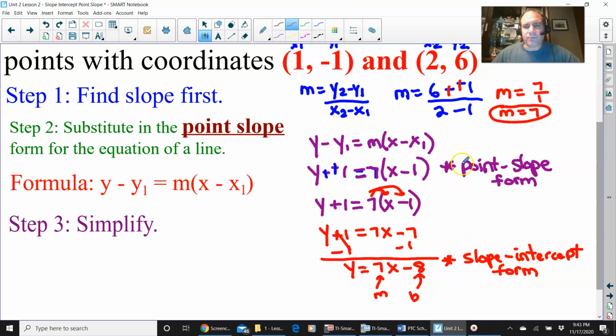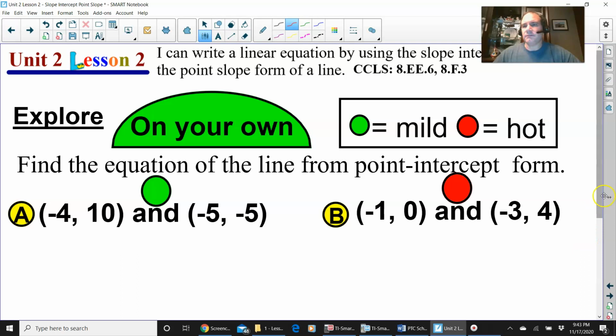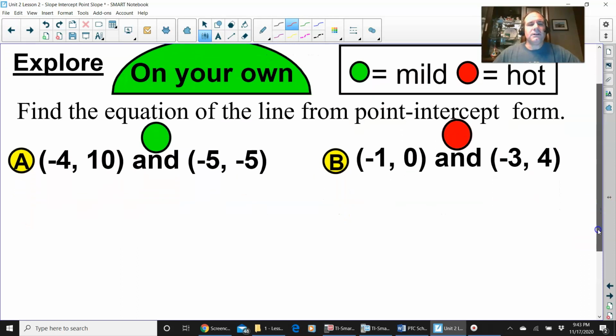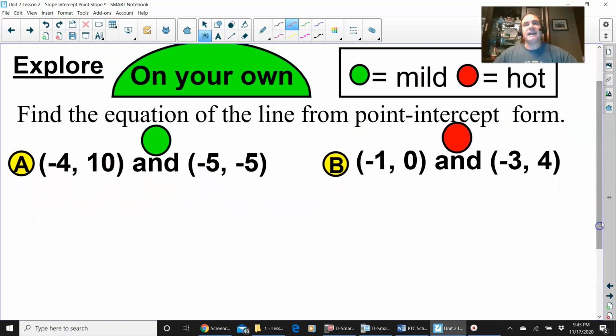This one is called point slope form because it has a point in it, 1 and -1, and it has the slope in it, point slope form. And that's it. A little bit difficult, but you can get it. Go ahead, see if you could do exactly what we just did in those 2 points.